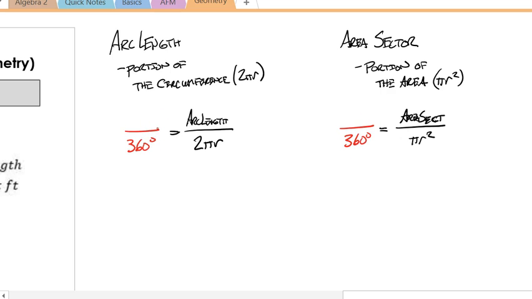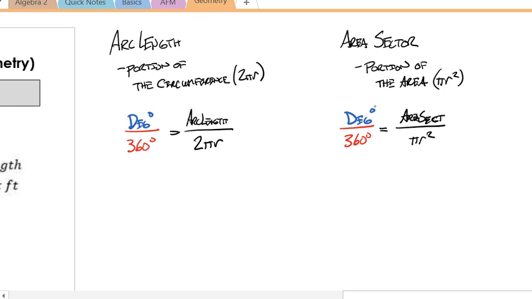Well, the arc length of a circle, the distance on the edge of a circle, corresponds to a certain number of degrees inside of the circle, and the area of a sector also, if I were to measure the angle that the sector takes up, that is related to the area of the sector. So what we're putting in here essentially is some degree measurement that corresponds with the arc length or some degree measurement that corresponds to the area of the sector.